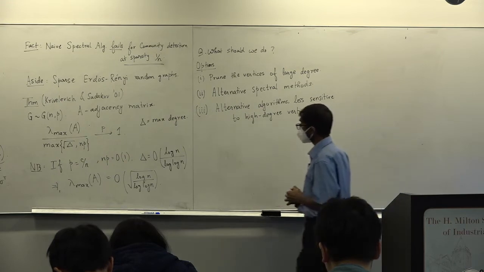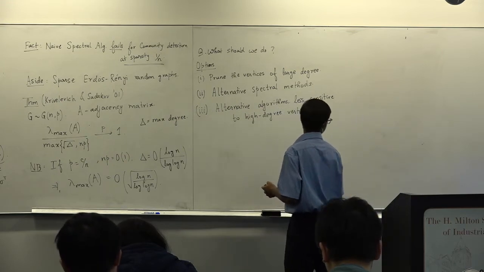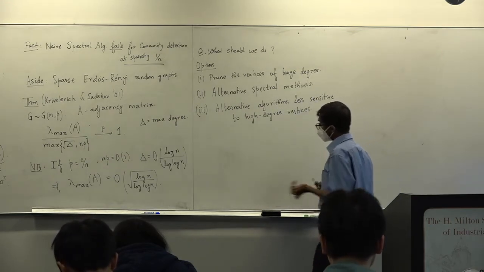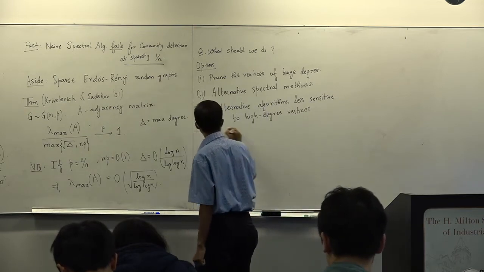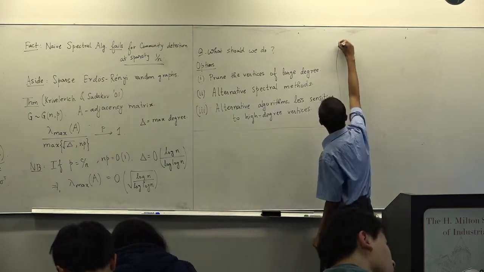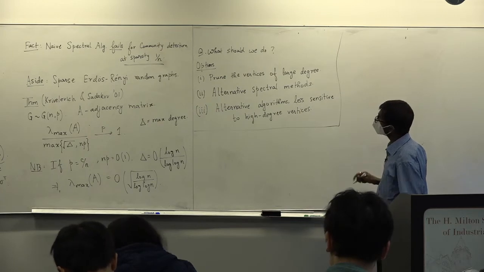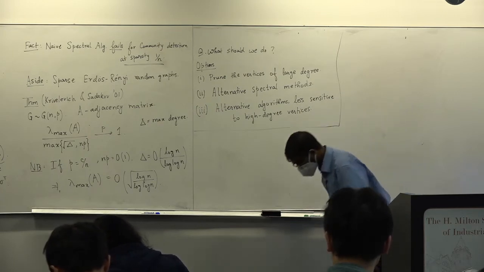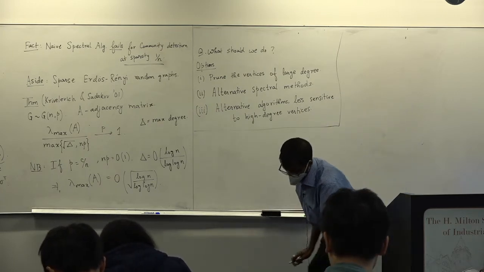Okay, so let's see. First, to see what we can do to fix the issue here, let's recall the actual information theoretic threshold.